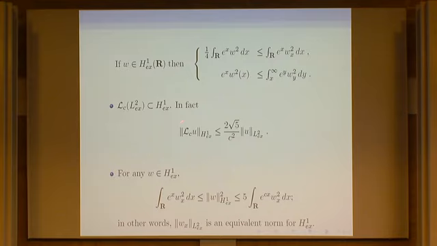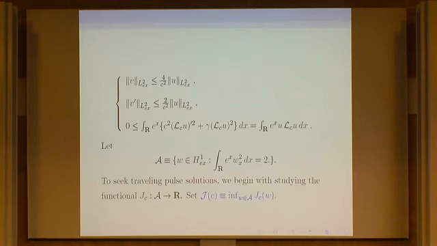And therefore, you can take this norm, due to the Poincare inequality, as an equivalent norm for the weighted H1. Then it's not difficult to show such estimates.